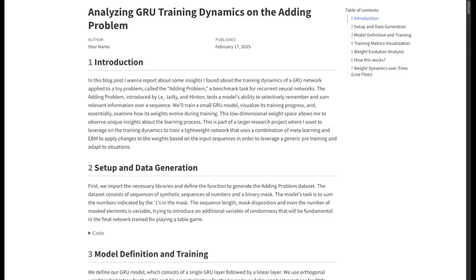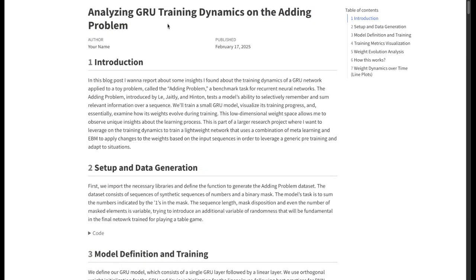Today I'm trying to make an analysis of a small project I've been working on last weekend. It's really a small project, nothing fancy. It's more about me trying to understand how gated recurrent units work, and more in general recurrent neural networks.